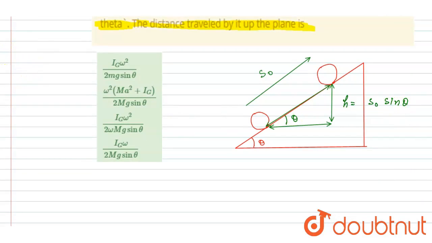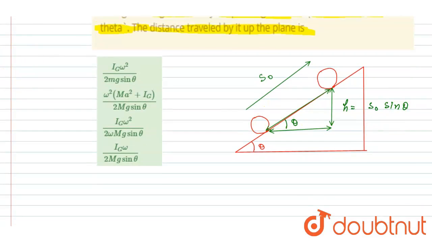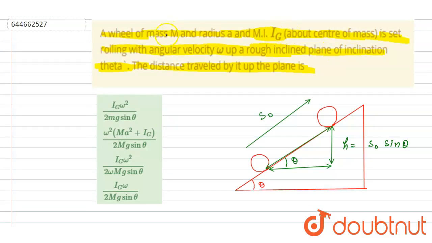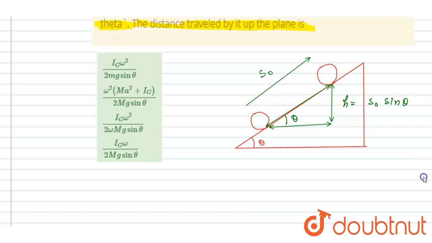So if you see here, it is performing pure rolling, right? It is rolling with angular speed omega. So we know that in case of pure rolling, the point of contact is at rest because the surface is fixed, right? On the fixed surface, it will have the same velocity as that of the surface, and the surface is not having any velocity, so the point of contact P will have net velocity 0.